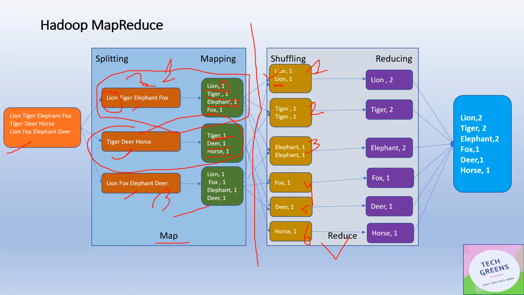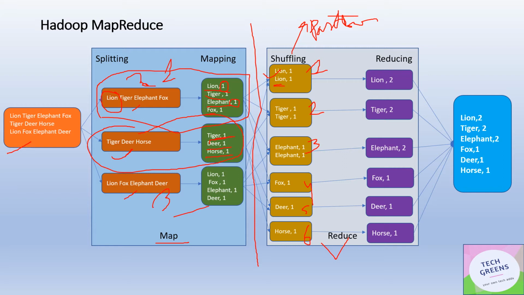They are shuffled based on the key, and this task of shuffling is performed by a component called the partitioner. The partitioner is meant for performing shuffling and sorting. Later on in the videos, we'll see what exactly these different components, partitioners, combiners, etc. are.